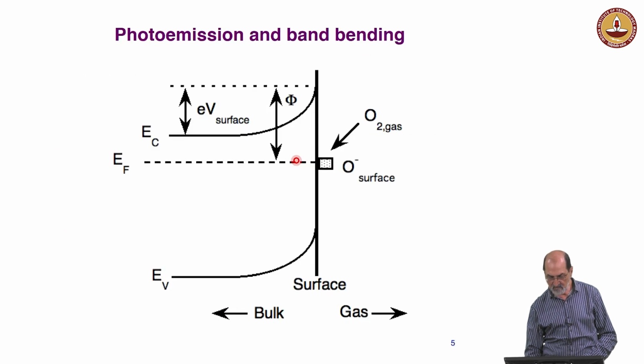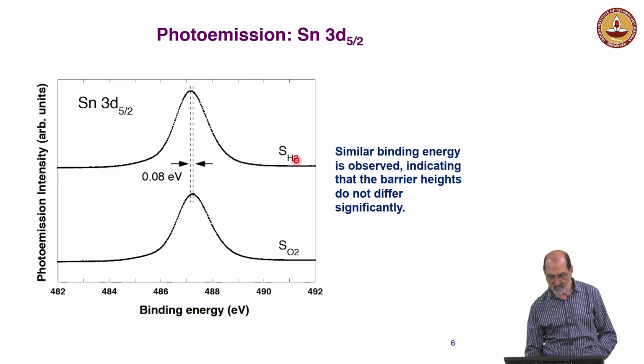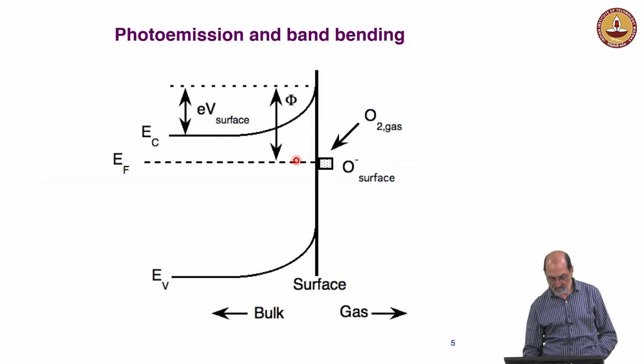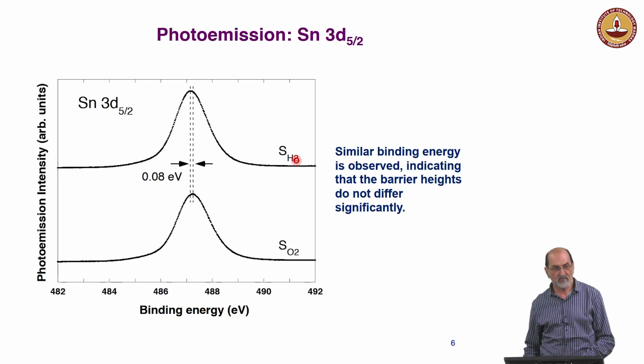This is a general idea of what was going on. With photoemission we can check what the band bending is by looking at the core levels, and we found that the core levels are about at the same place, so the band bending is not different.